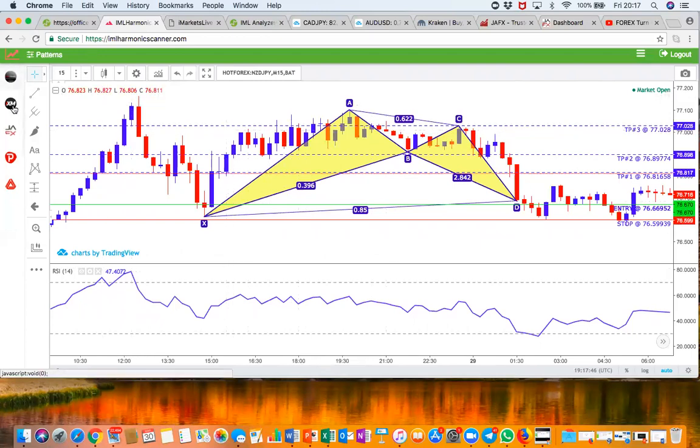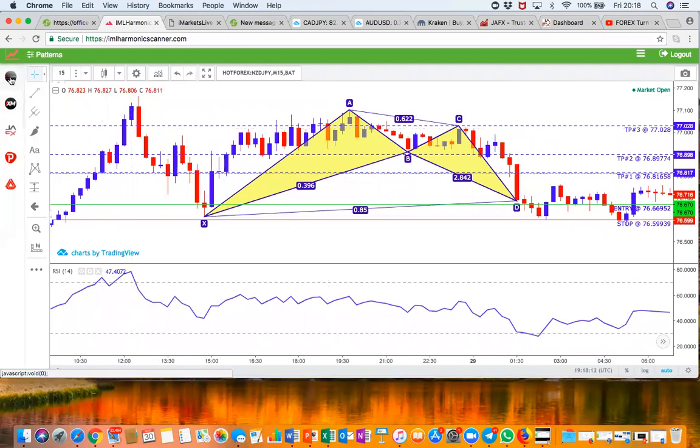On the harmonic scanner, you look here, there's the broker's name. If any of the brokers here is the one that you use, then you can do your analysis more on that. Sorry, there was quite an annoying noise there.